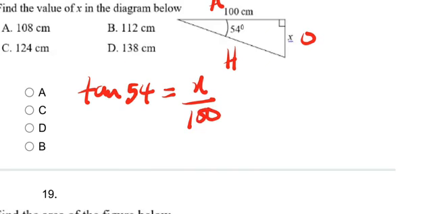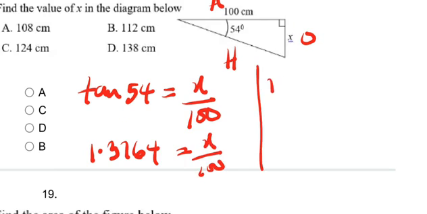So we look for tan 54 from our four-figure table or from our calculator. So that gives us 1.3764 equals to x all over 100. So that means x, when we cross multiply, x will then be equals to 100 multiplied by 1.3764.